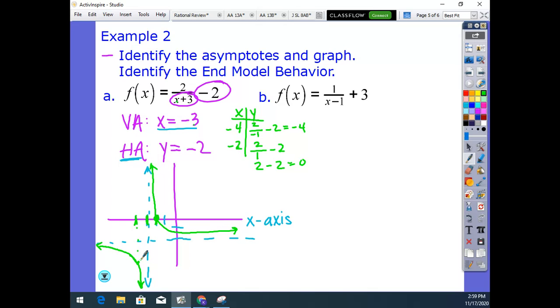Let's look at another one. So first I'm going to start with my vertical asymptotes and horizontal asymptote. So what makes the denominator 0? This part should not be hard. You should be able to identify your asymptotes relatively easy.